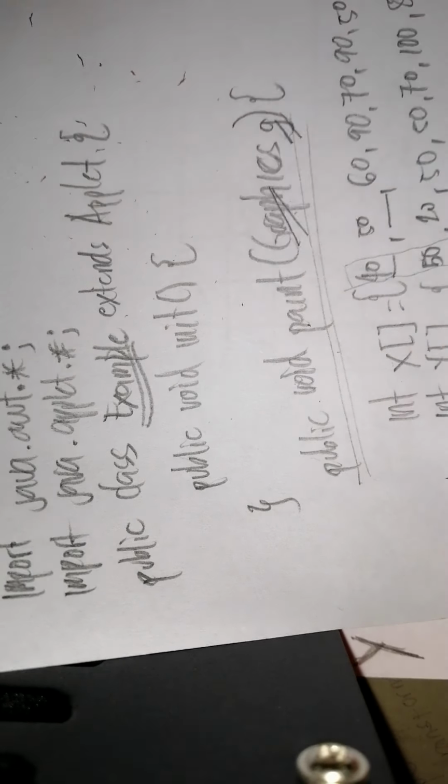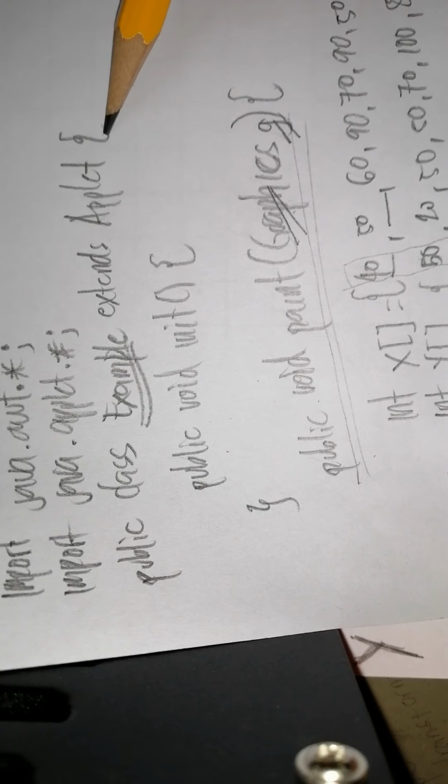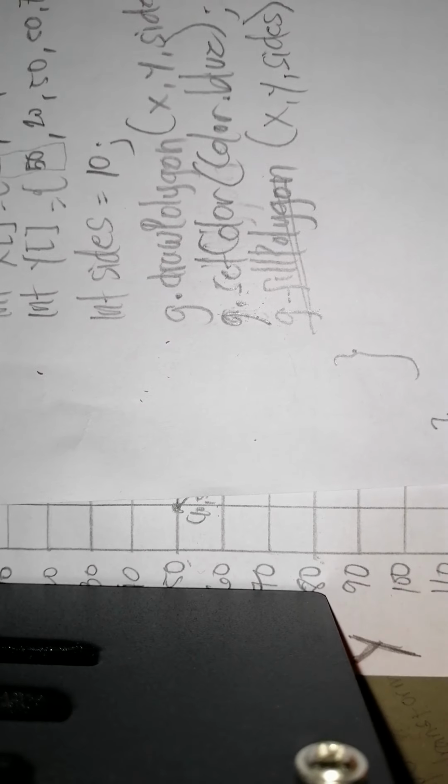X, y, and then sides. Okay, then of course, yung close parenthesis natin ng ating public void paint, and then close curly braces for our class. Okay? So, ganun lang siya guys kadali.